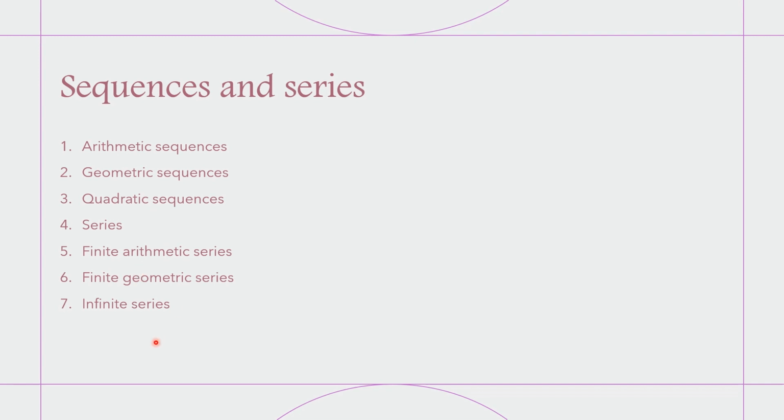So basically, the difference between a sequence and a series is that a sequence is a normal number pattern. Let's say, for example, we have 2, 4, 6, moving forward. When you see these commas here, this is what identifies a sequence, or you can say a pattern.